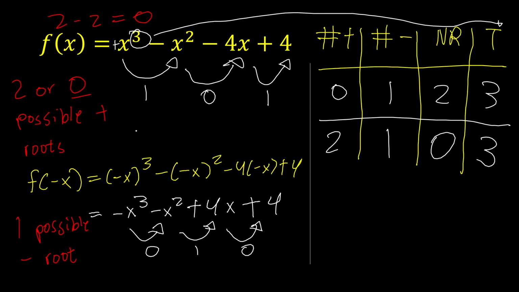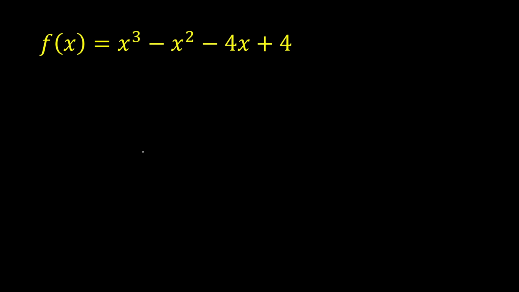Okay, now that we are done finding the possible positive and negative roots of this polynomial function, we can now head on to trying to find the possible roots of this polynomial function. So remember that p is the factors of our constant term, which is positive 4.